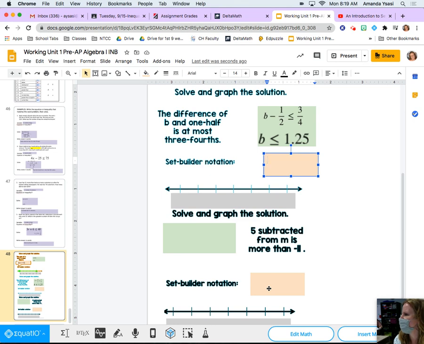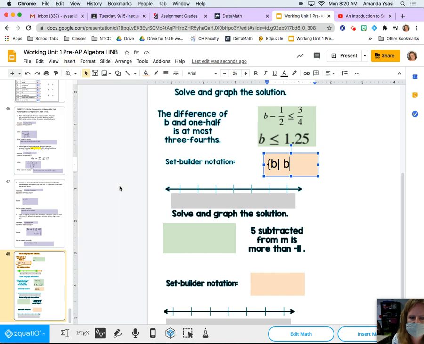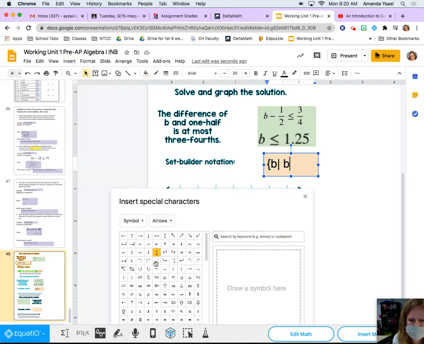Okay, so now we need to do the set builder notation. So it's a set, so it's the brace. B is our variable. The line means such that. So a set of B such that B is less than or equal to... I wonder if I can just grab this from the special characters.